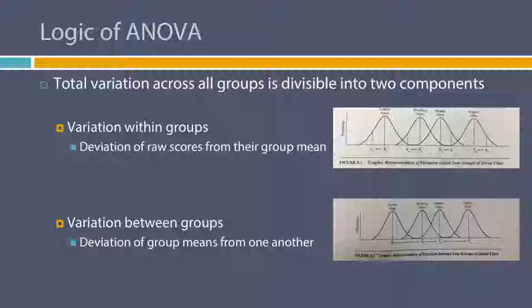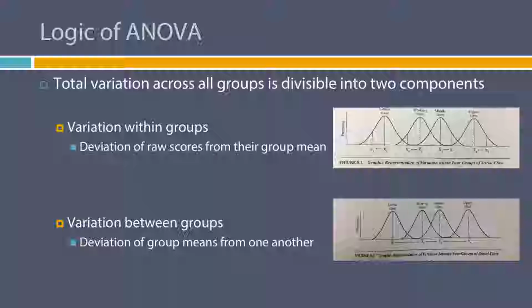Same for group 2, working class. We see that the mean for group 2 for working class is higher than the raw score of person 2 within that group. So we have x sub 1 and then x bar sub 1, where x bar is the mean for that group, and then we have x sub whatever number, and that's the raw score for each person.